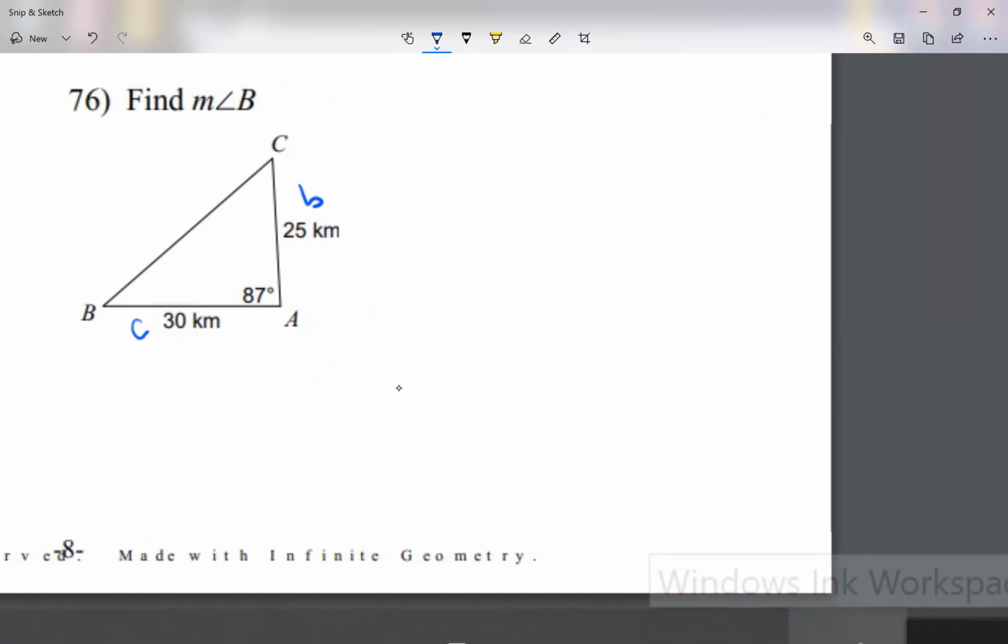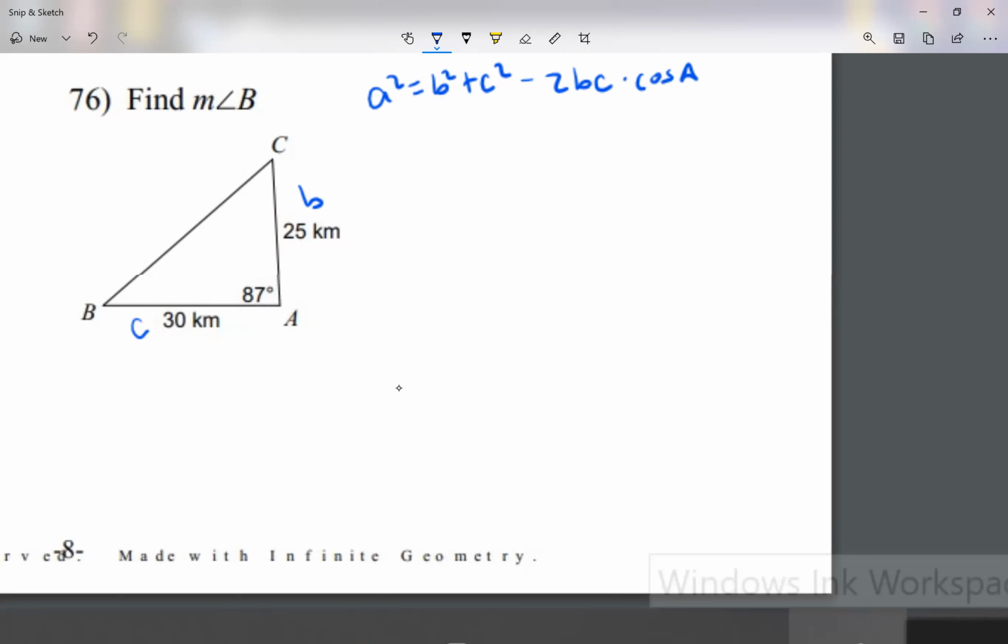The angle that I have is angle A. So I'm going to use that A squared is equal to B squared plus C squared minus 2 times B times C times cosine of A. Even though the instructions here is find the measurement of angle B, I can only find side A. I'll come back to that in a minute.